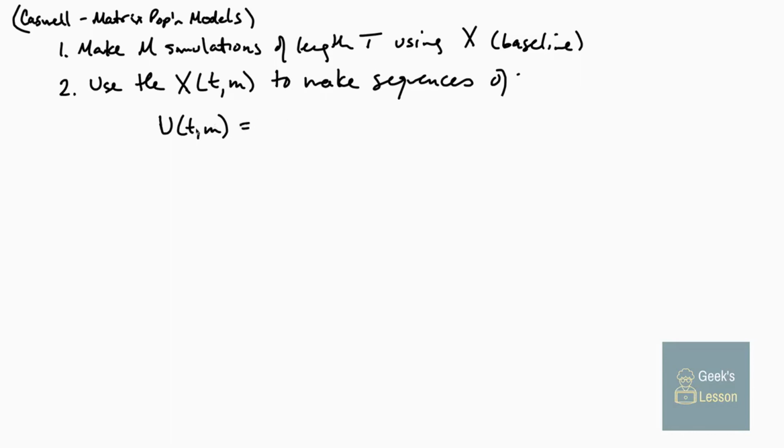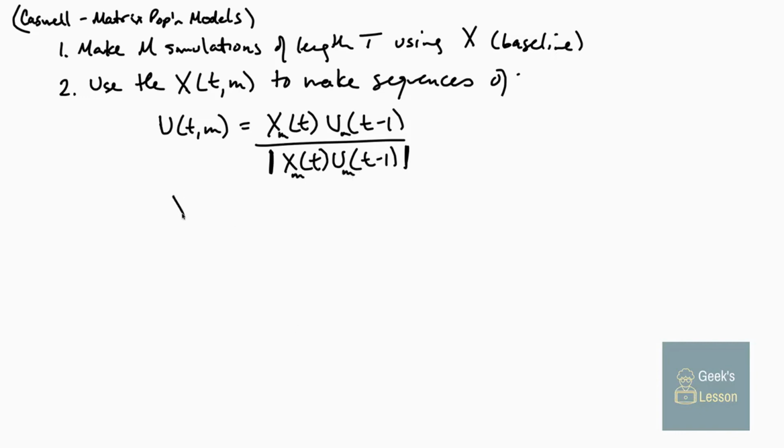And you can get those at each time step by multiplying X at time t times the stage structure at the last time step, all divided by the norm of that product. Right, and these are all in the mth simulation.